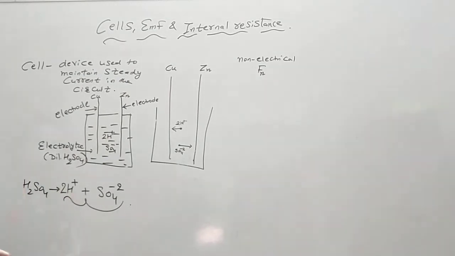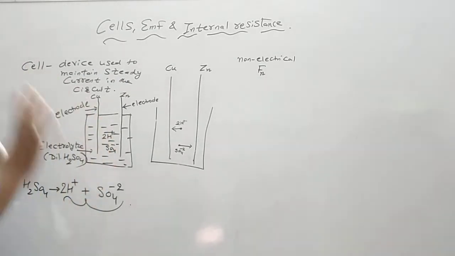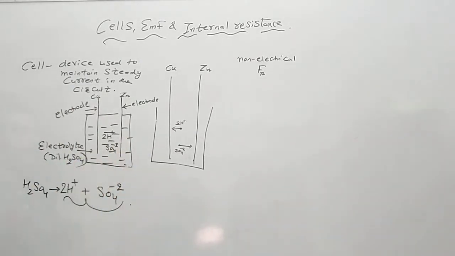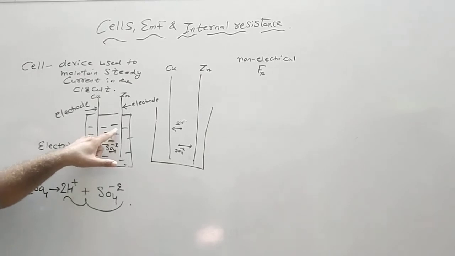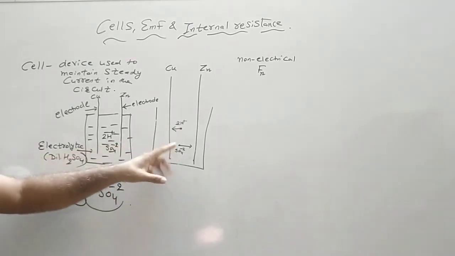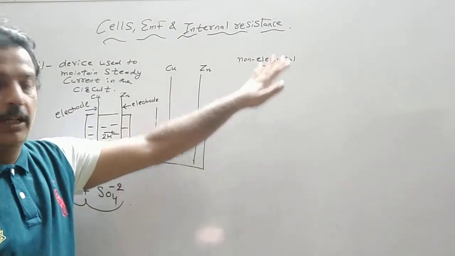So earlier in an electrolyte we have positive and negative ions, that is the minus 2 valency, and it has H plus, and we consider two positive ions, 2H plus ion. This motion is due to non-electrical force.